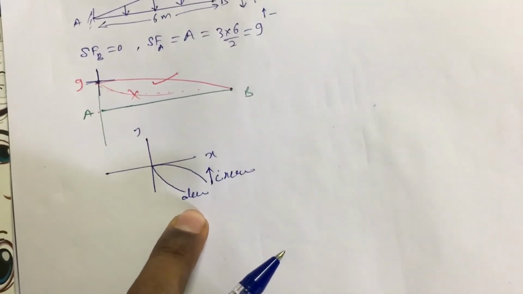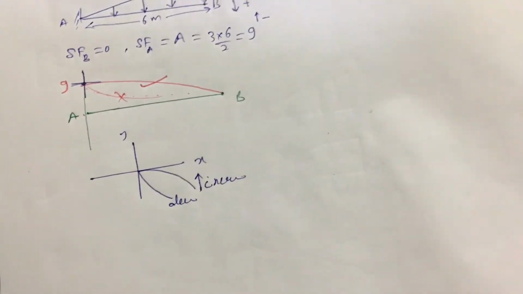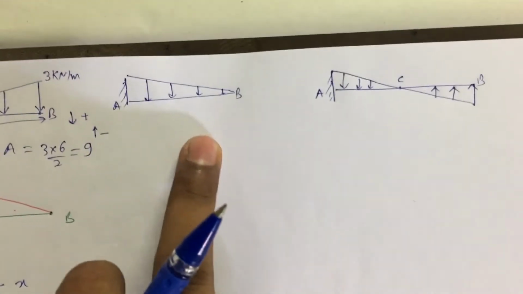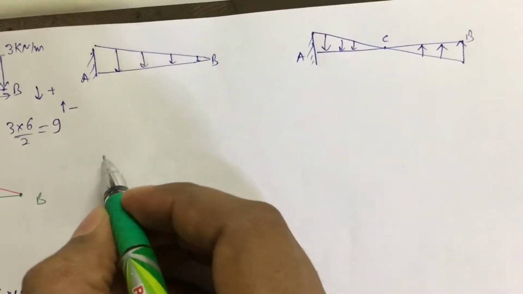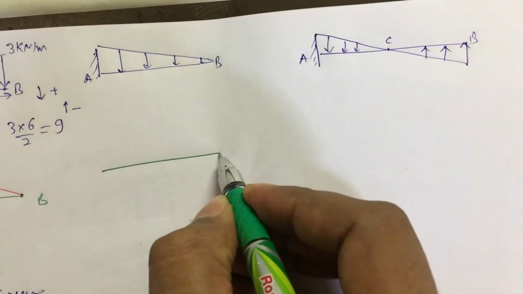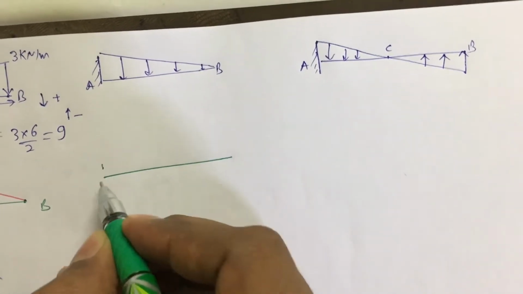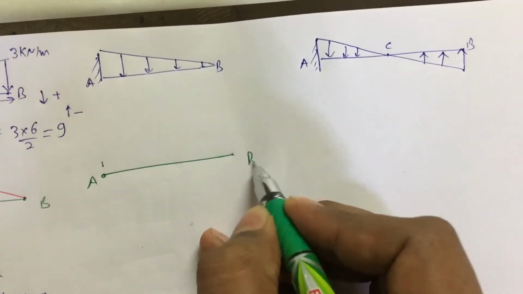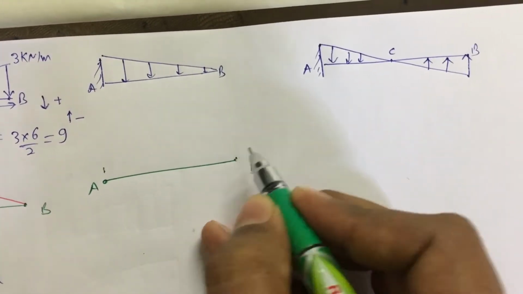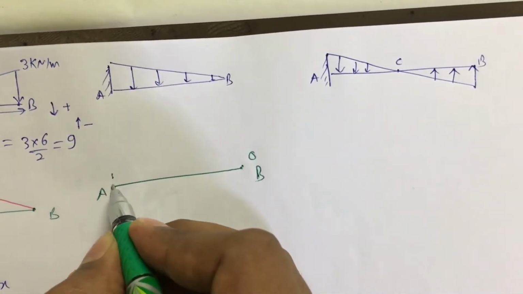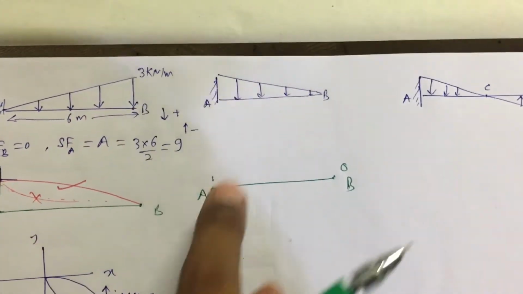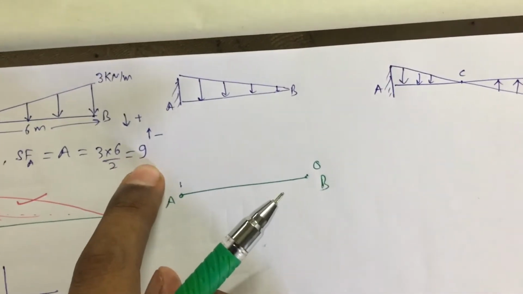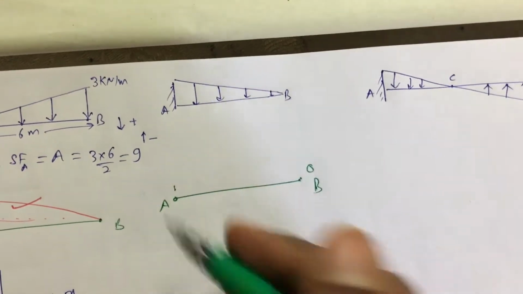Got it? Now let's draw for this also. So draw the beam. So this is A, this is B. At B we have 0 shear force, and at A, because data is same, we have 9, so that is again plus 9 because loading is downward.